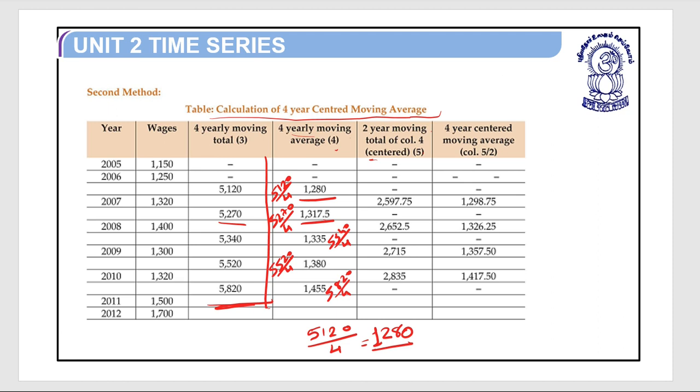So here first we have to take 5270 divided by 4, which is 1317.5. 4 ones are 4, 4 threes are 12, 4 sevens are 28, 4 fives are 20. So here 1280 plus 1317.5: 5 as it is, 7, 8 plus 1 is 9, 3 plus 2 is 5, 1 plus 1 is 2, 2597.5.